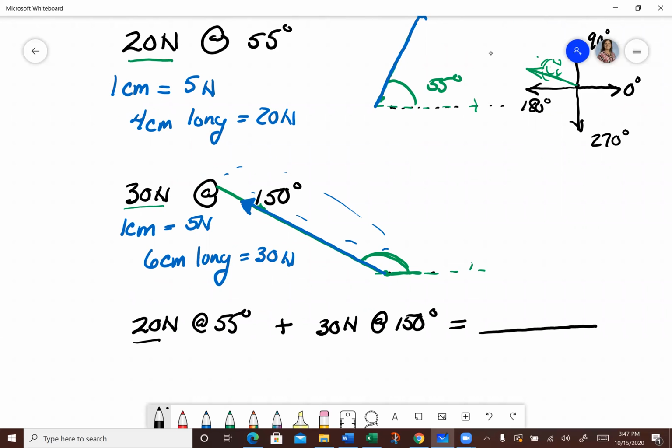I can't just add these to get 50 newtons, and then I certainly won't get anything that is 205 degrees. That wouldn't make sense. It would point down and to the left. If these 2 forces are acting on the same object at the same time, I need to be able to add them, and the fact that they're pointing in different directions will affect the final result.